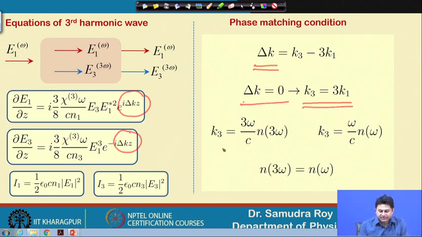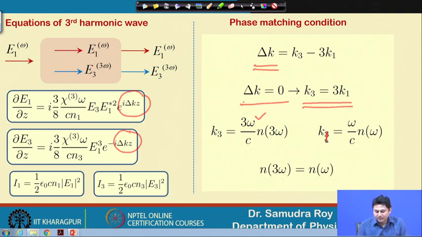So, if I write K3, it should be 3 omega divided by c multiplied by n at 3 omega, because the third harmonic wave has a frequency of 3 omega. In a similar way, K1, again a typing mistake, it should be K1, is omega divided by c multiplied by n of omega.